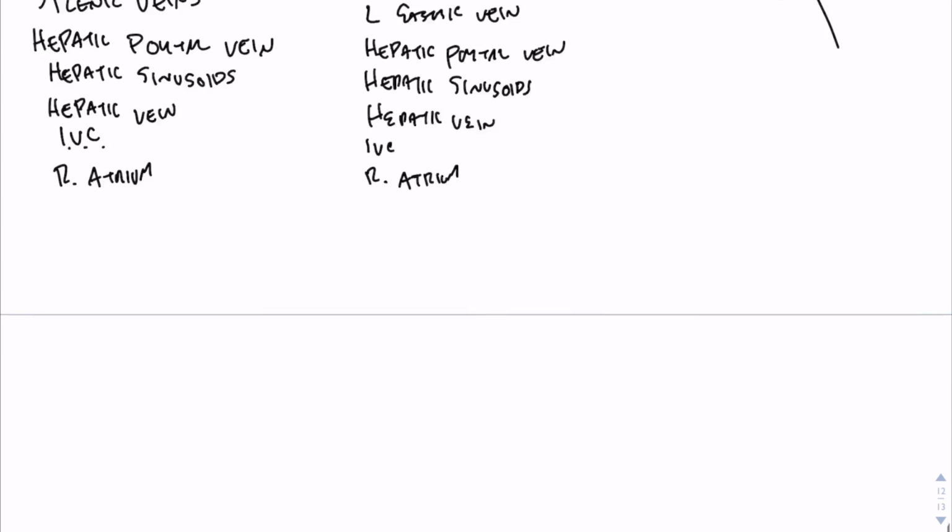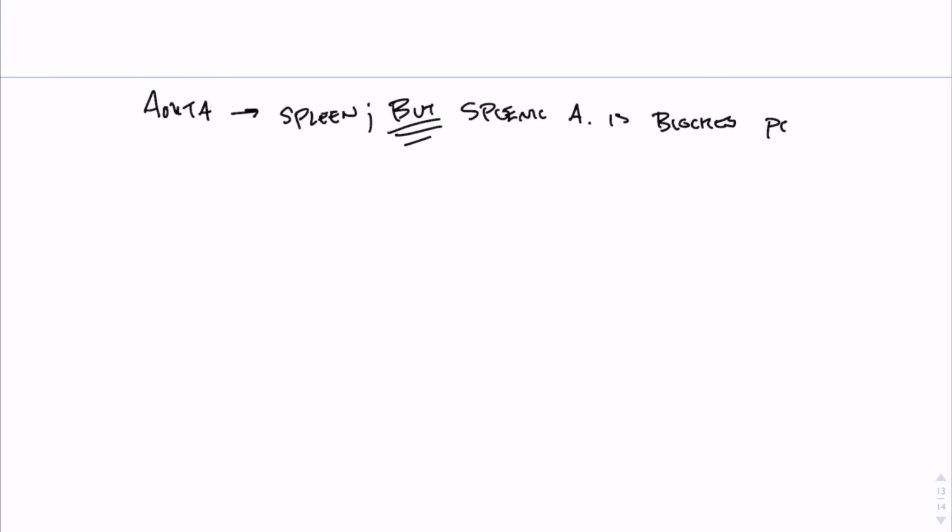This is where he can throw a wrench into things. Let's say we want to go to the spleen, but that splenic artery is blocked proximal to the left gastro-omental artery.